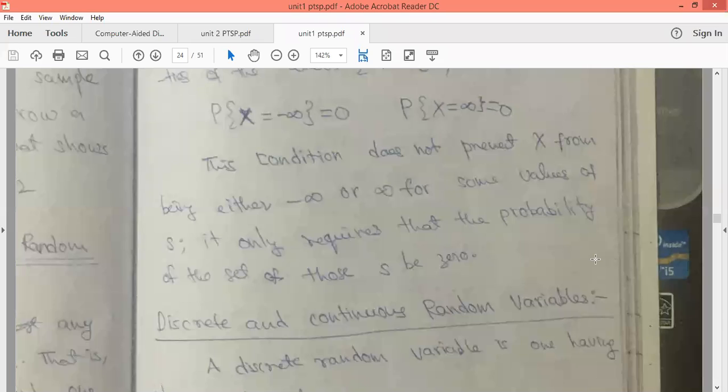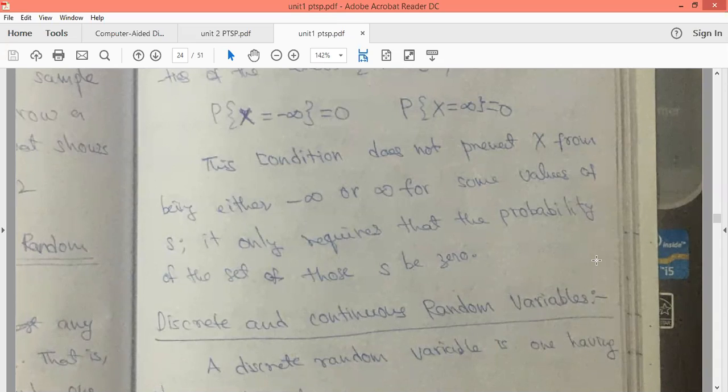What are the conditions? The first condition is it should be a single valued function. The second condition is that the number of elements in the random variable should not exceed the number of elements in the sample space, and whatever probabilities we have for the elements in the sample space, the same probability will be assigned to the elements in the random variable.